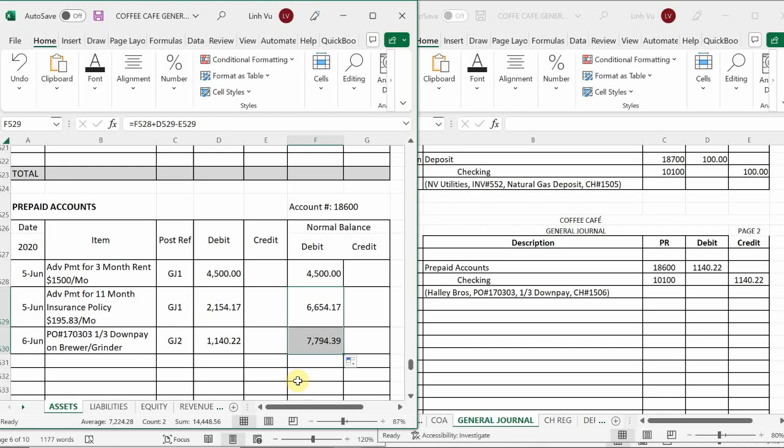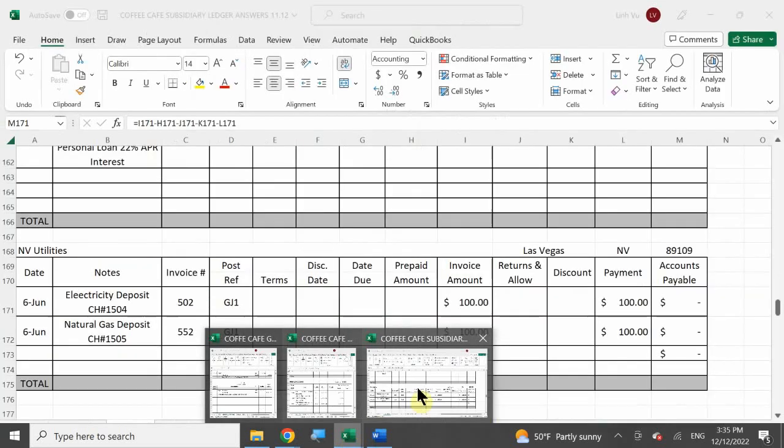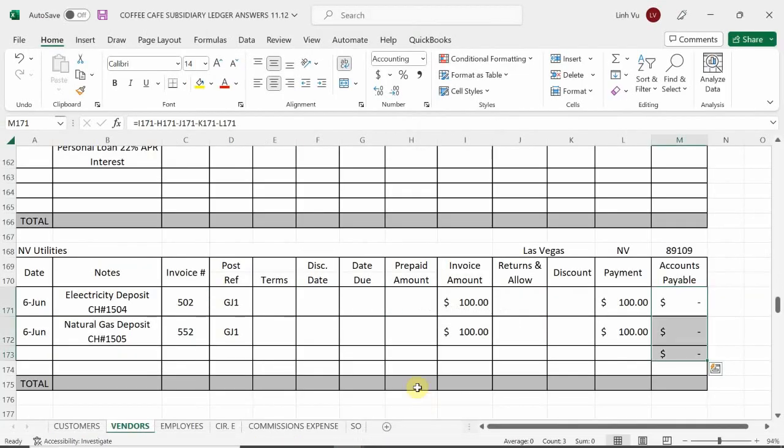All right. So now I'm going to teach you how to utilize the subsidiary ledger, okay? For my subsidiary ledger, because I made a down payment, how do I fill in my subsidiary ledger?